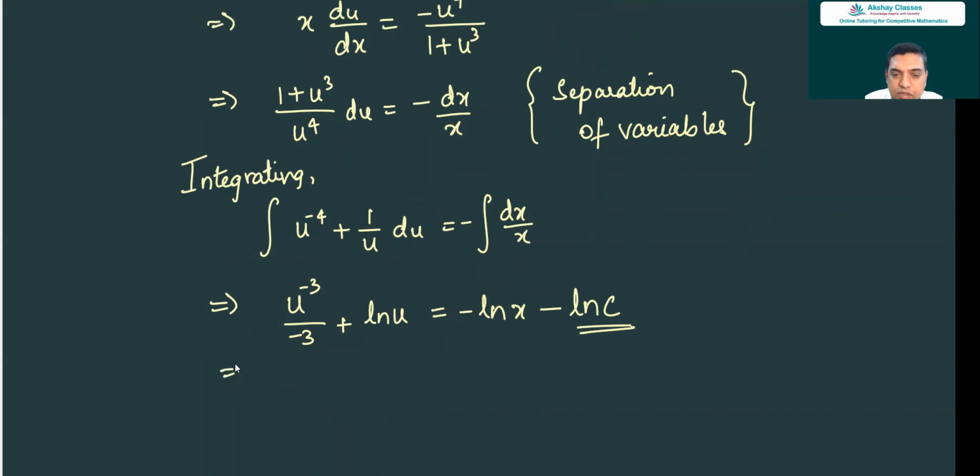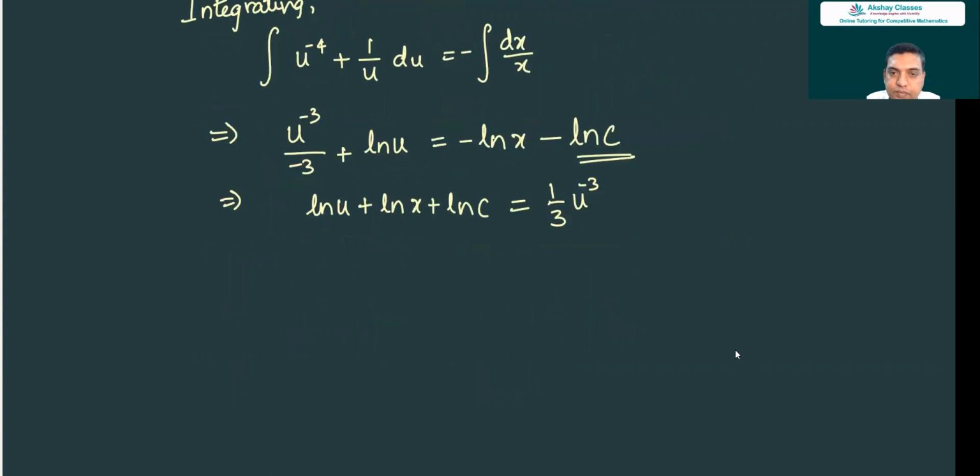So what I get if I merge these: log u plus log x plus log c is equal to, this minus becomes plus, 1 upon 3 u power minus 3. So we get log of u x c is equal to 1 upon 3 u power minus 3.